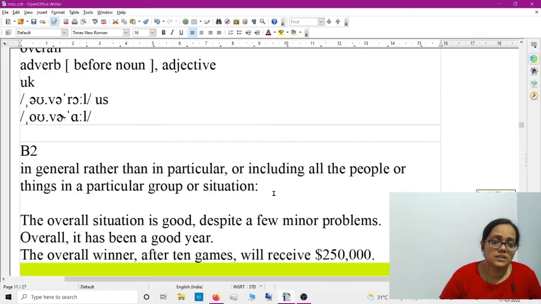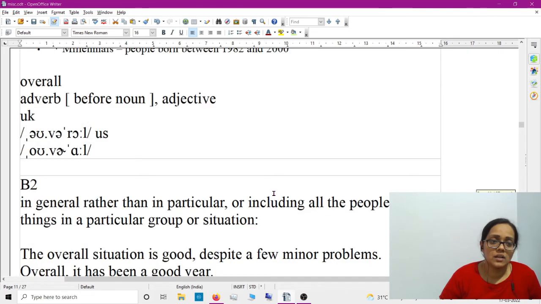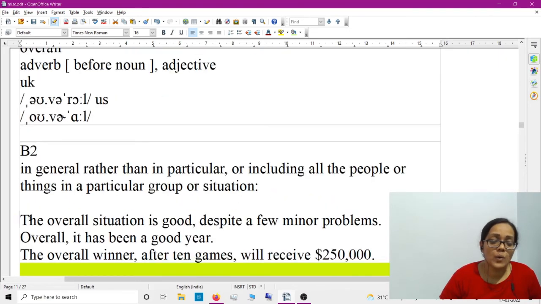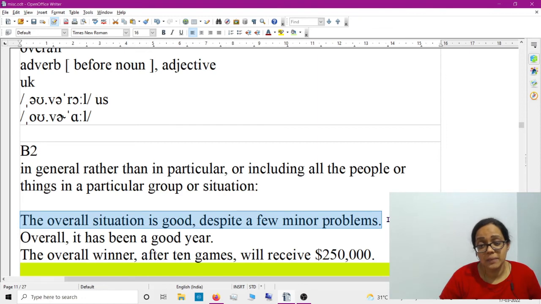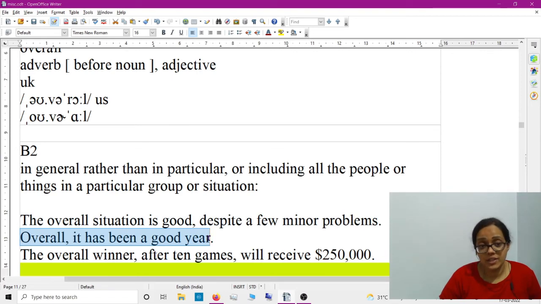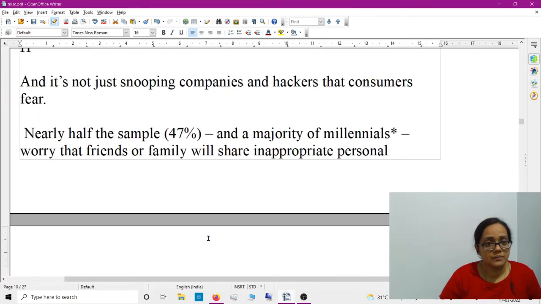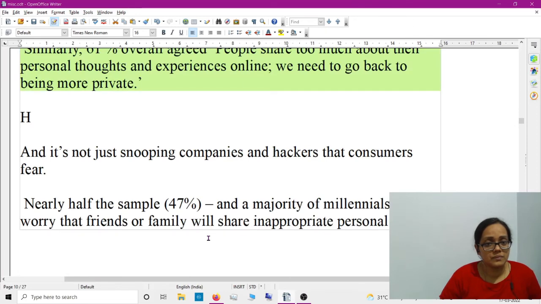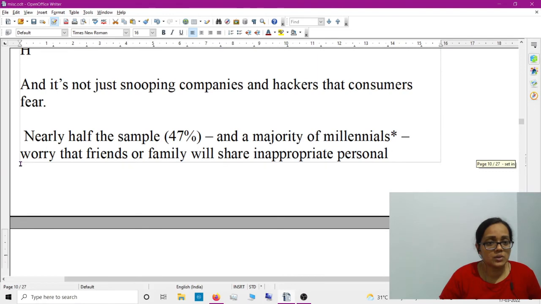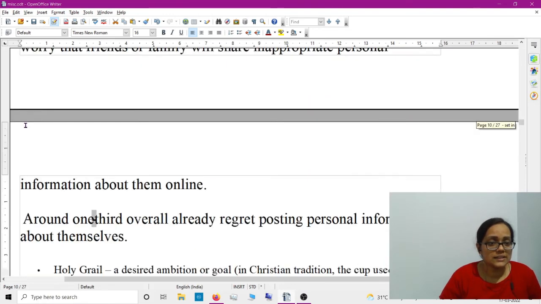So these are some meanings. Overall, the overall situation is good despite a few minor problems. In general, by and large, in general, overall it has been a good year. So this is also a part of the sentence.